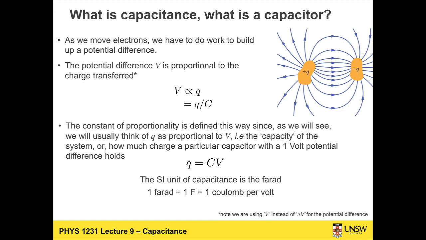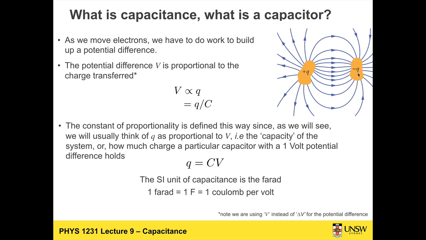And then finally, having an understanding of electrostatic potential, we introduced the concept of capacitance, and showed that in many cases it's much easier to work with capacitance when we have systems of conductors. So first of all, we ask ourselves, what is capacitance and what is a capacitor? We start with an example where we imagine we have two conductors, initially charged, and we move charge from one to the other.